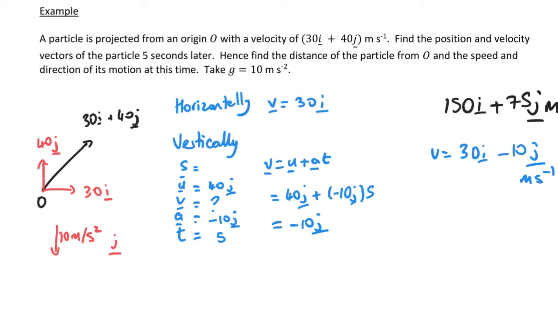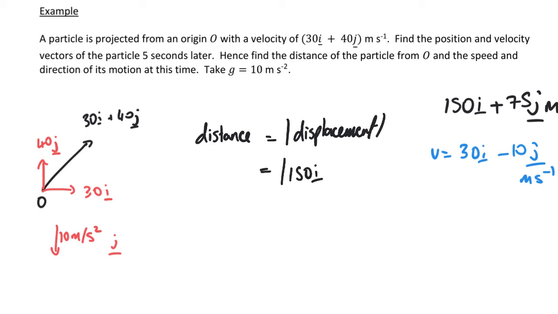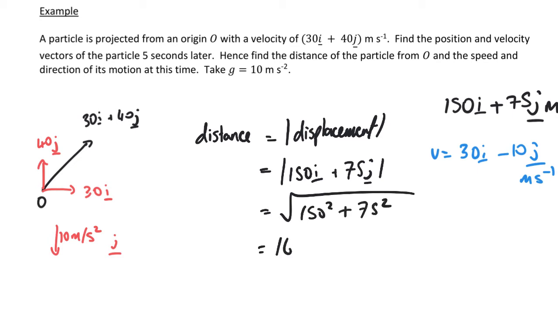So now what we're looking to do is find the distance travelled by the particle. So the distance is the magnitude of the displacement, which is the magnitude of 150I plus 75J, which is the square root of 150 squared plus 75 squared, which is 167.7 meters.